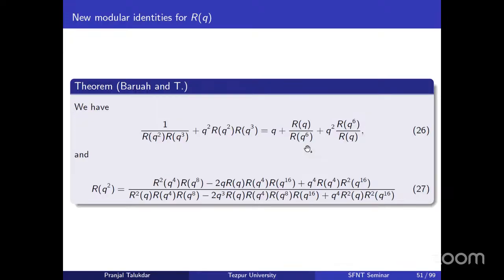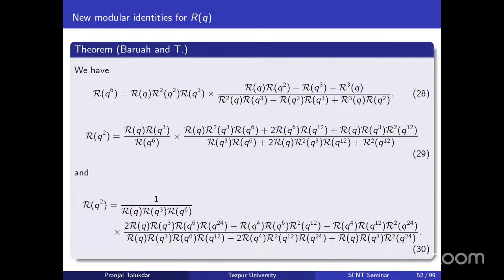And this identity is some kind of an elegant identity, because here we have 1 by rq2, rq3, and here we have its reciprocal, and the same happens in this one. In this next identity, we have connected rq with rq2, rq4, rq8 and rq16.